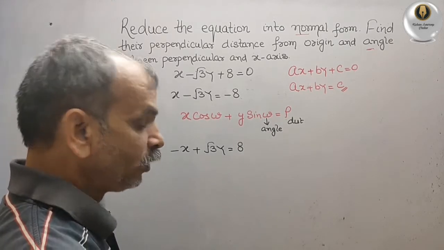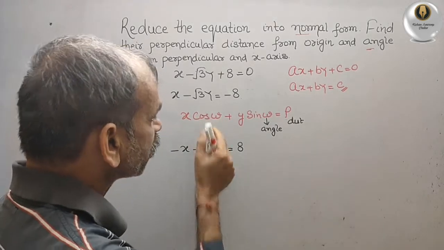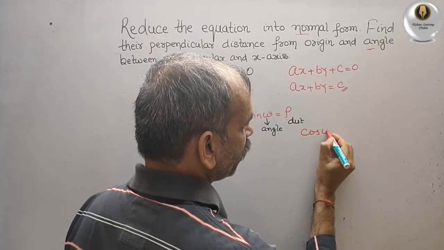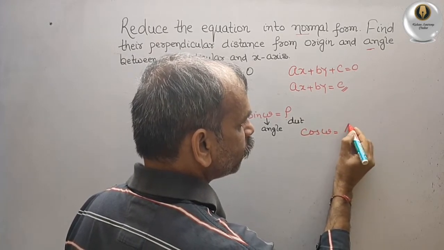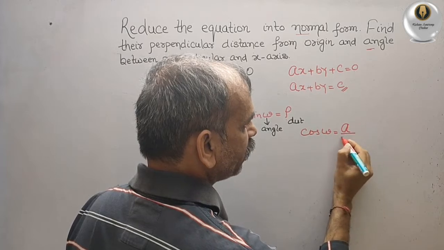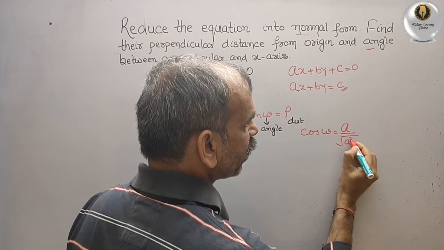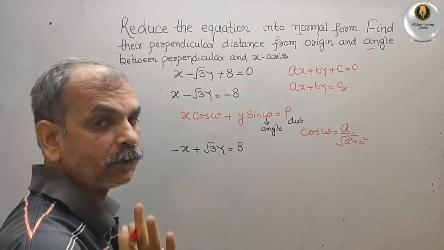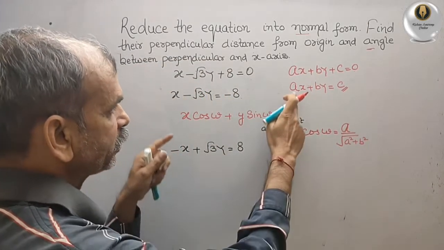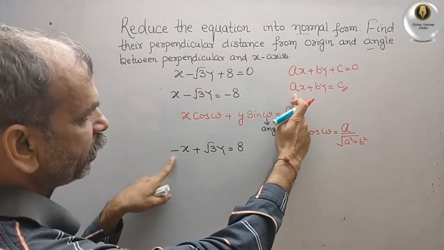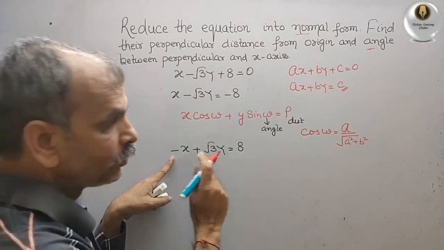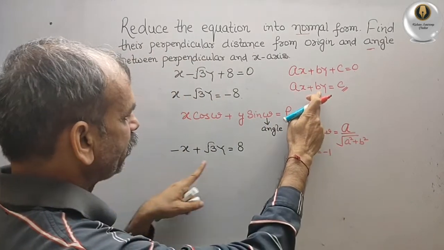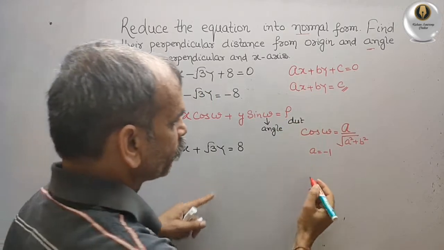Now we know that cos omega is equal to a by root over a square plus b square. Compare this: here a is minus 1 and b is root 3.